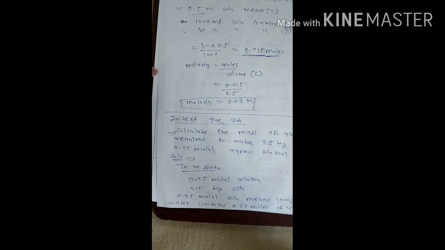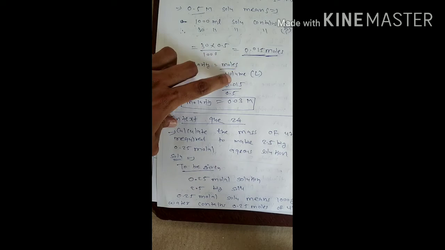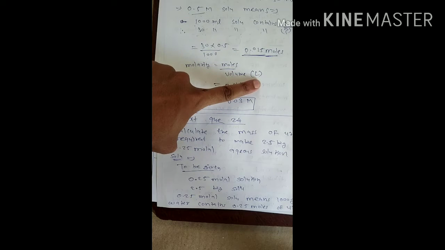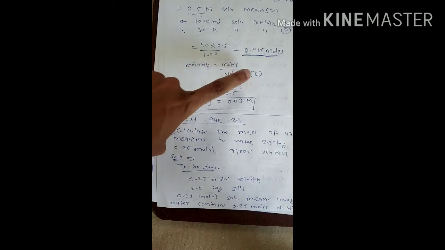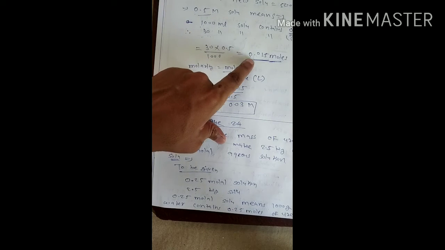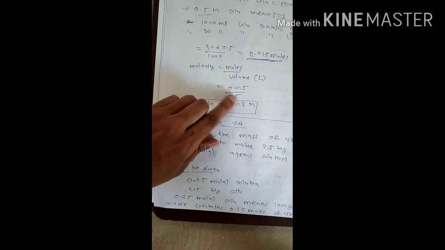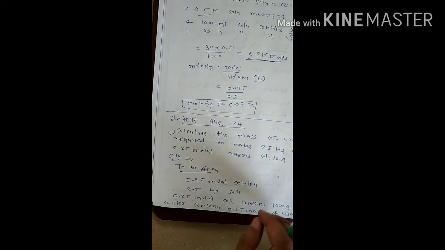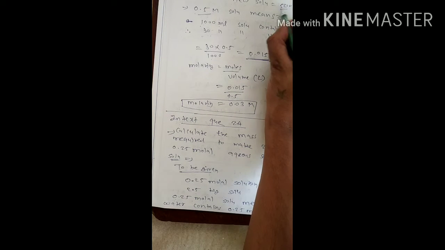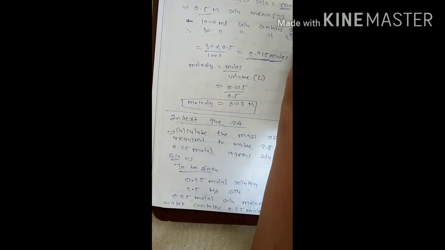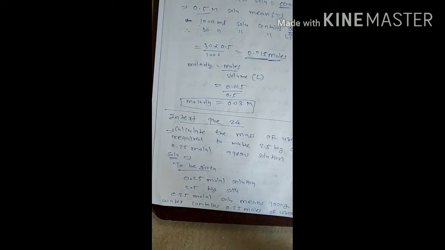Now what is the second formula for molarity? Molarity is equal to moles divided by volume in liter. Okay, moles divided by volume in liter. Moles we have here 0.015 moles. Now we have volume 500 ml here. To convert that in liter, 500 ml means half liter, 0.5 liter.